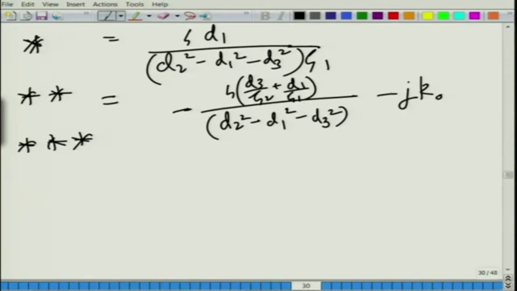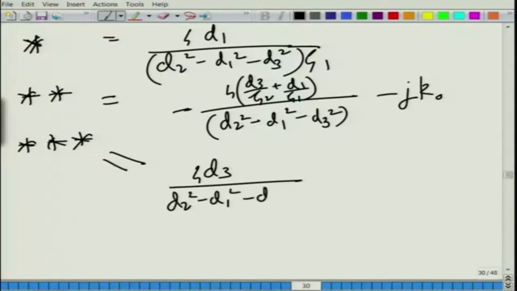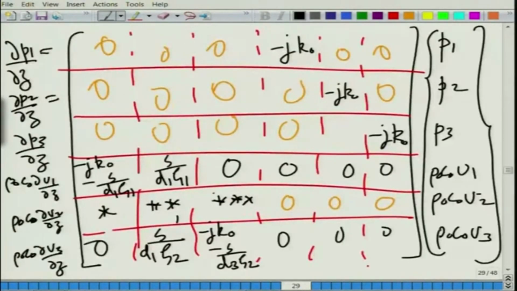That will be this term, and this term will be your 4 times d3 and d2 square minus d1 square minus d3 square zeta 2. This will be the term. Now, all these terms have to be put inside the appropriate entries here, and this of course will also be 0. So, this is the matrix.